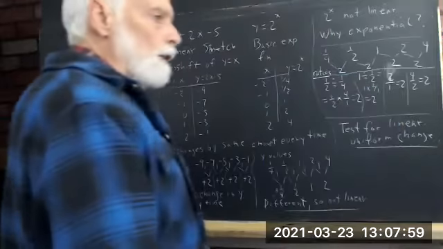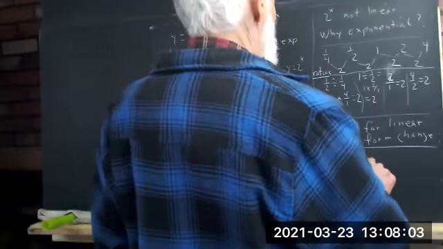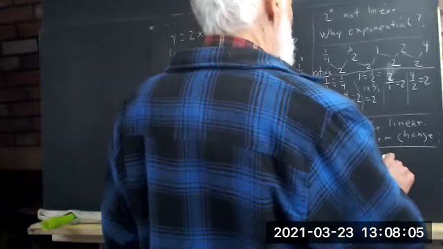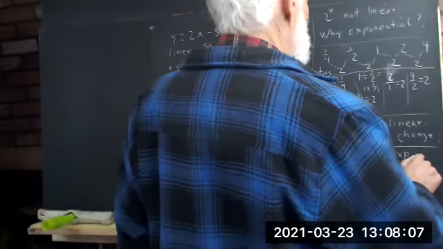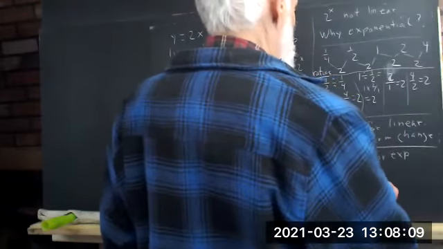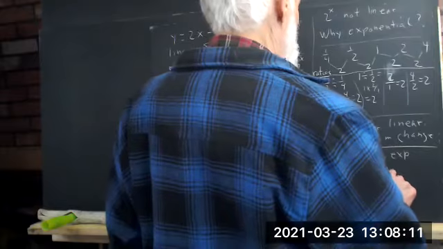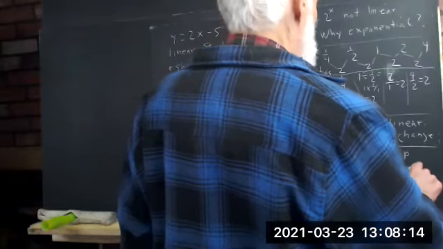So test for linear is a uniform change. Test for exponential is a uniform ratio.